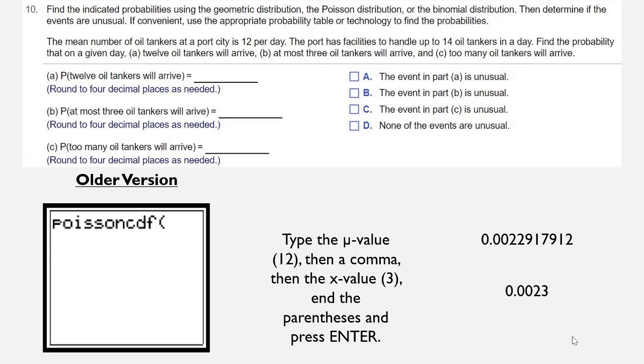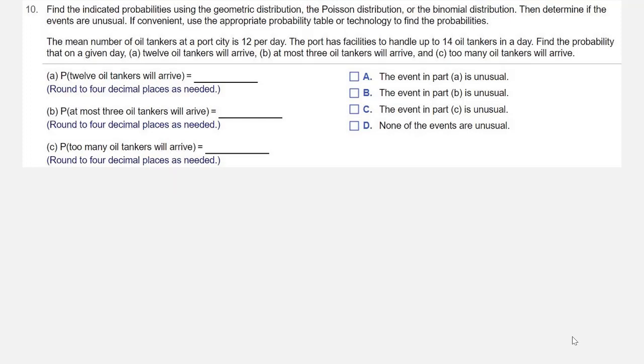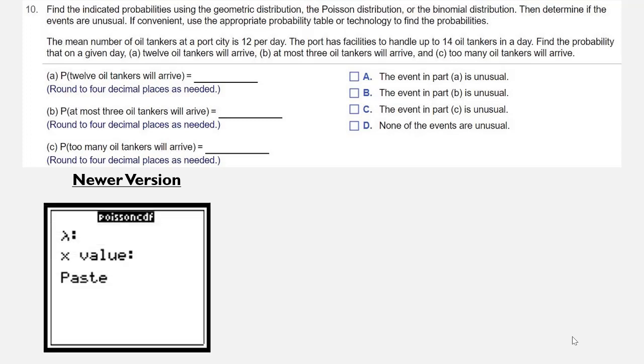If you have the newer version of the software, then when you press Poisson Cdf on the distribution screen, what comes up is a Poisson Cdf screen where there's the Greek letter lambda, which kind of looks like an upside down lowercase y, x value, and paste.